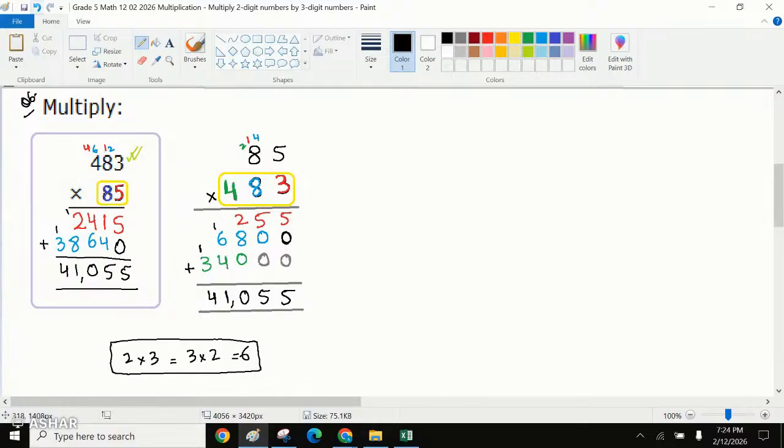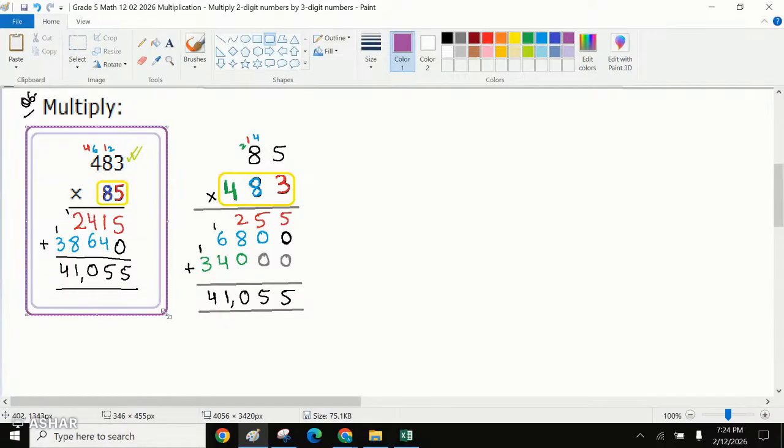I'm not trying to explain the answer over here. What I'm trying to explain is that if you do this, it is the same question, right? I just changed the order. In this case, it was written as 483 at the top and 85, a 3-digit number at the top and a 2-digit number at the bottom.